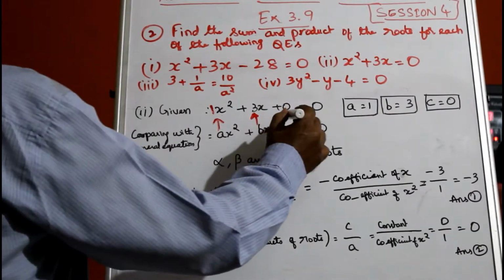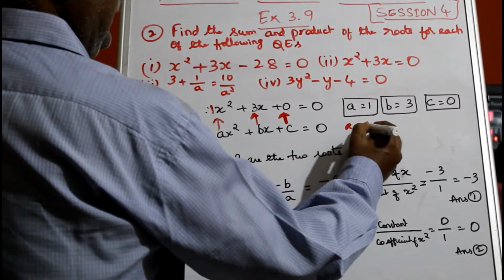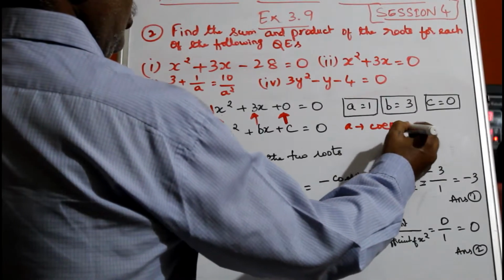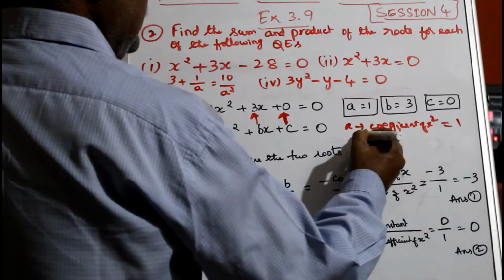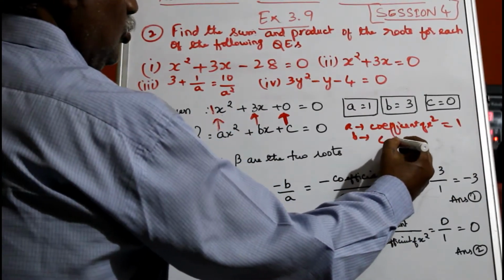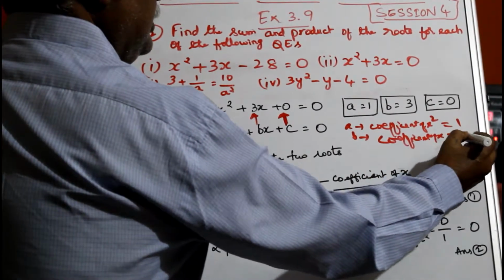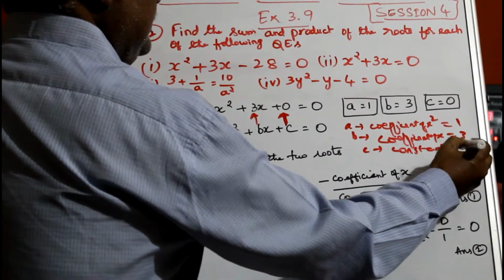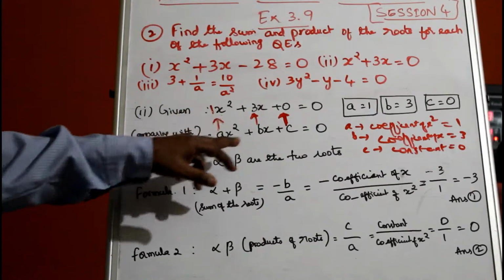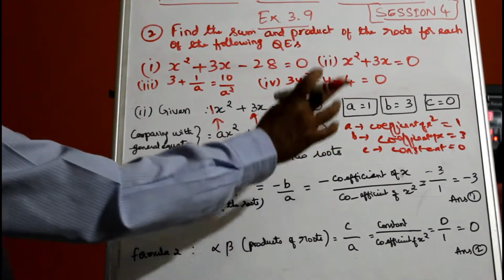And the constant c is 0. So you have to take the coefficient of x square a, coefficient of x b, and c, and we know alpha and beta are the two roots already.